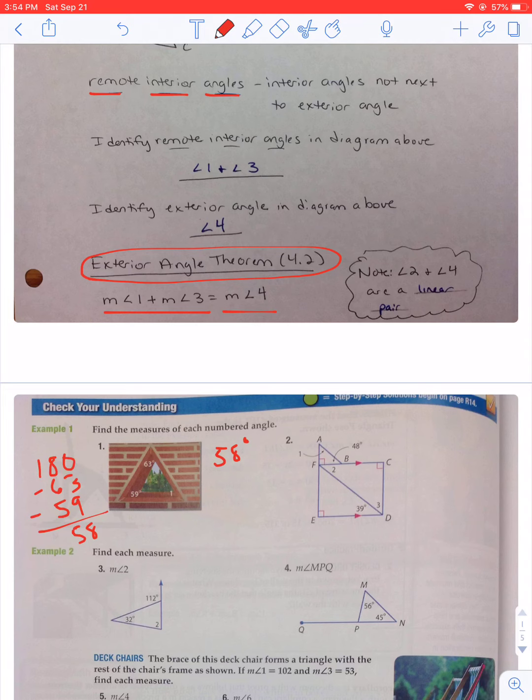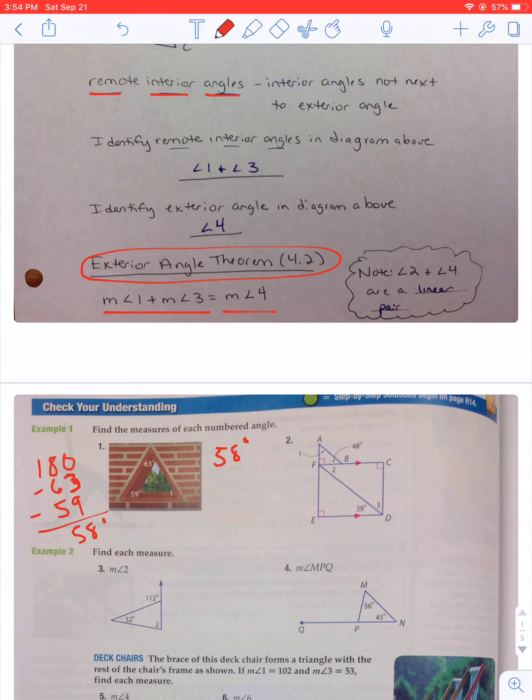So that's the math involved there. Another way students like to do it is they add 63 and 59 together, get that number, and subtract that from 180. Whatever works best for you, do that.